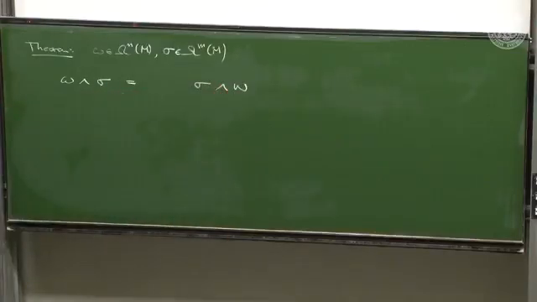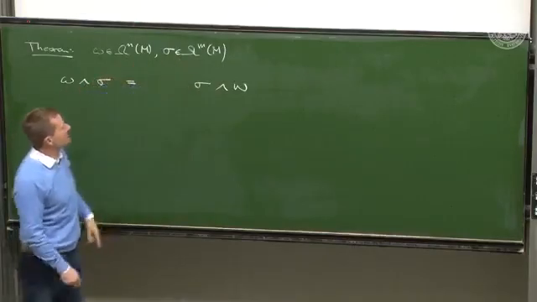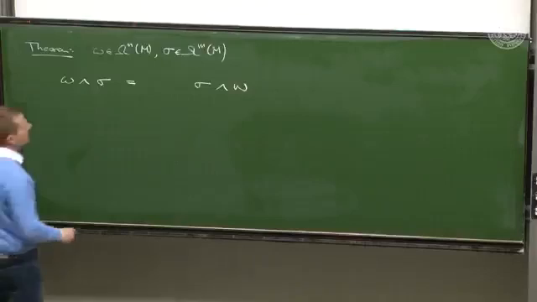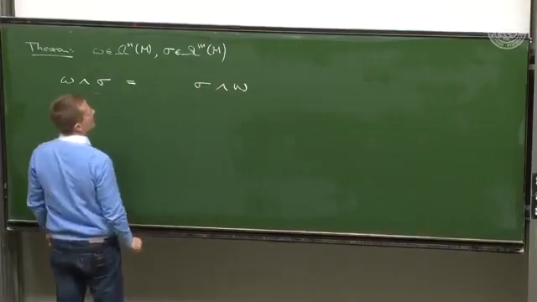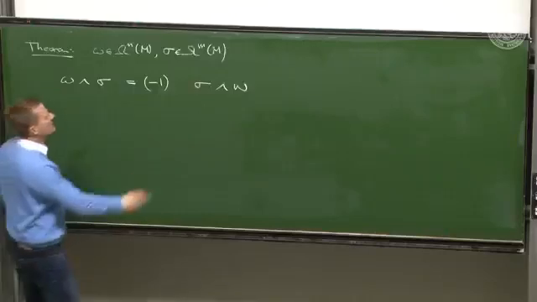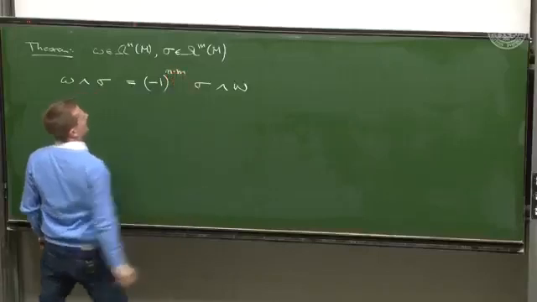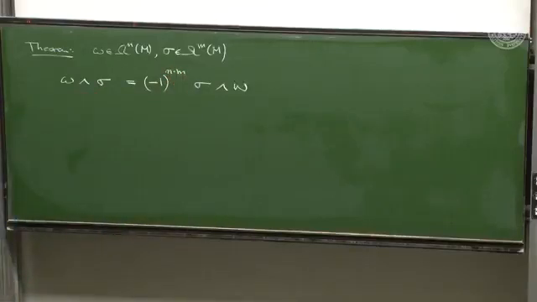What happens if you flip the two? Well, if they belong to specific subspaces of the Grassmann algebra, then it's very simple to say what they do. They pick up a minus sign, namely how many? Well, the degree of sigma times the degree of omega, minus 1 to the n times m.